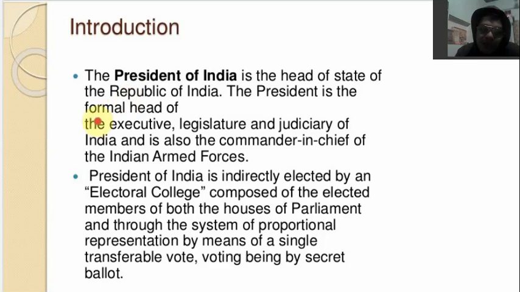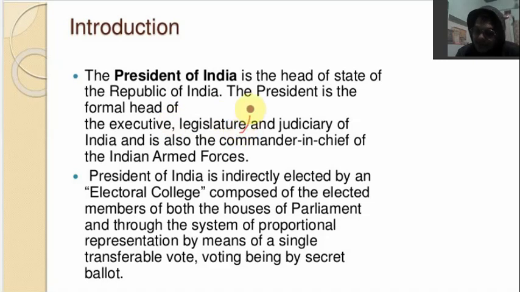The President is the formal head of the executive, legislature, and judiciary of India, and is also the commander-in-chief of the Indian Armed Forces. There is no one above the president here. In executive terms, the president signs every order. A lot of agreements and contracts are done in the name of the President of India.